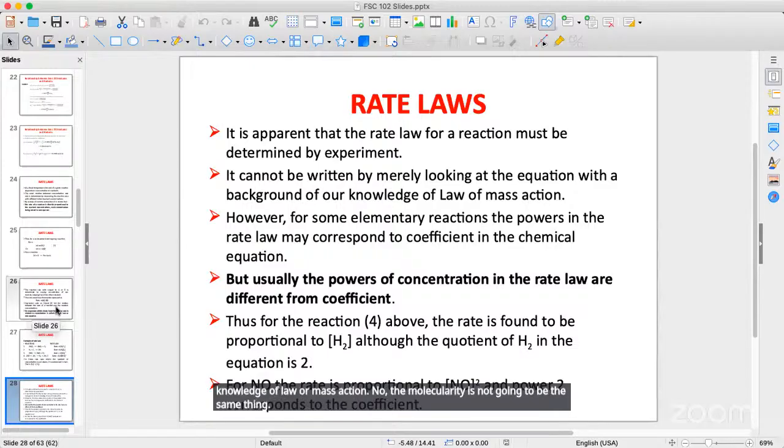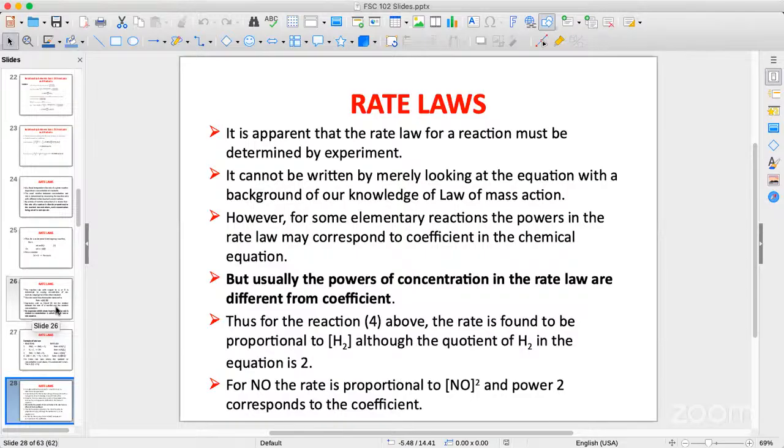Now, for some elementary reactions, the powers in the rate law may correspond to coefficients in the chemical equation. That's what I was saying when I said that sometimes when they are the same, you are probably dealing with an elementary reaction. That means you're talking about a one-step reaction. Because when we're talking about the mechanism of a reaction, more often than not, you want to write the stages in which that reaction took place.